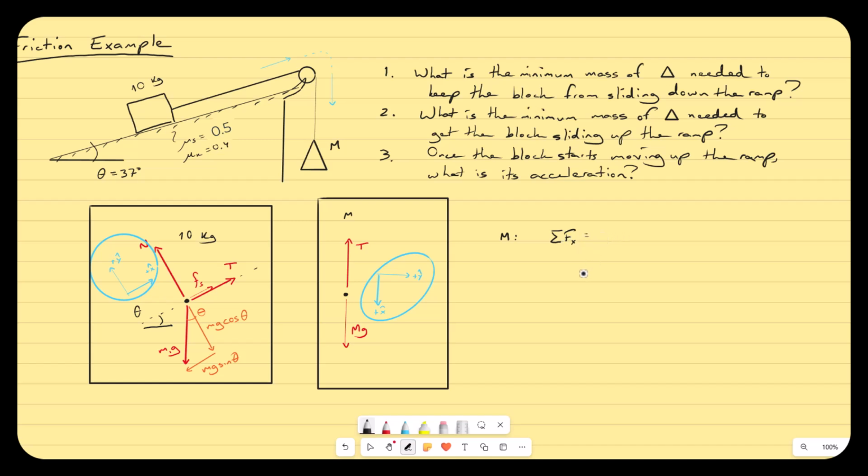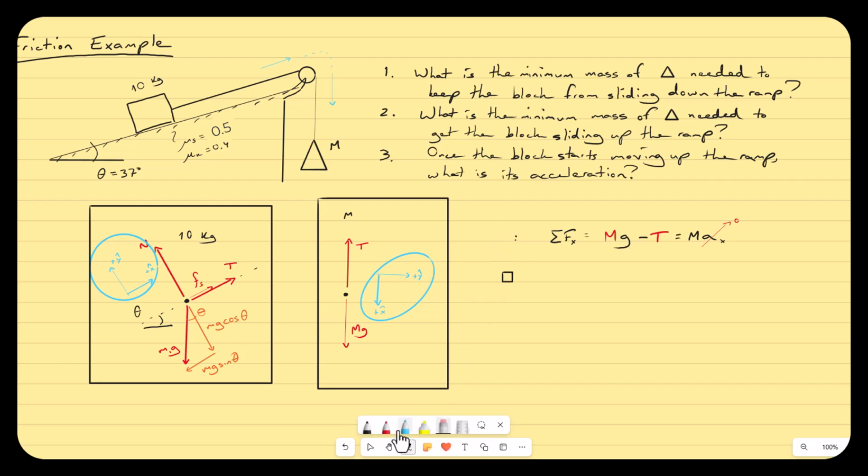I've got Mg going down, M is an unknown, minus the tension, which is up, equals Ma, and that's acceleration in the x direction, but if this is going to just barely not be moving, that's going to be 0. So I have one equation, but it has two unknowns. I'm going to have to go with the block.